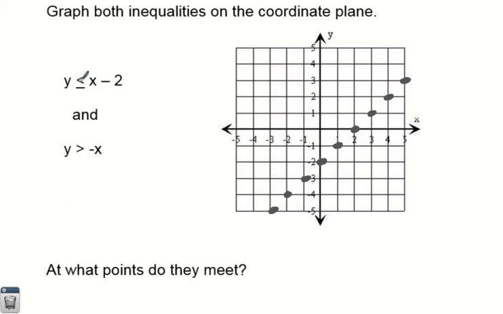This is going to be a solid line because of the symbol. And we're now going to shade below. Now, I hope you haven't gotten ahead of me, because you might want to shade very, very lightly.